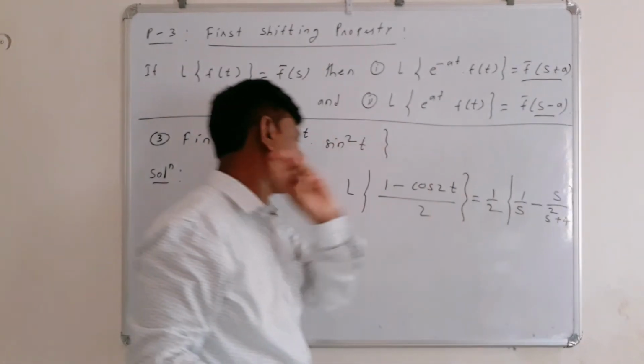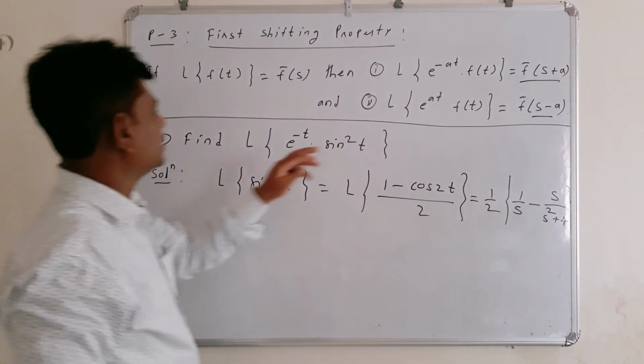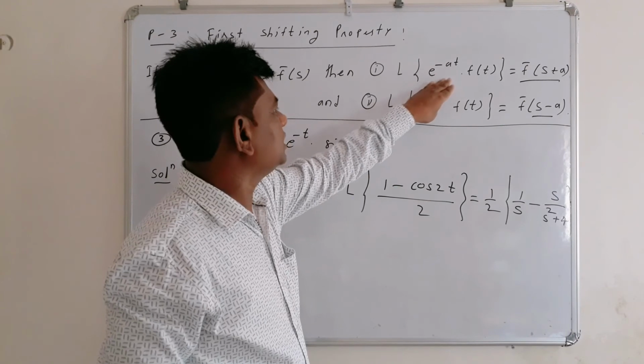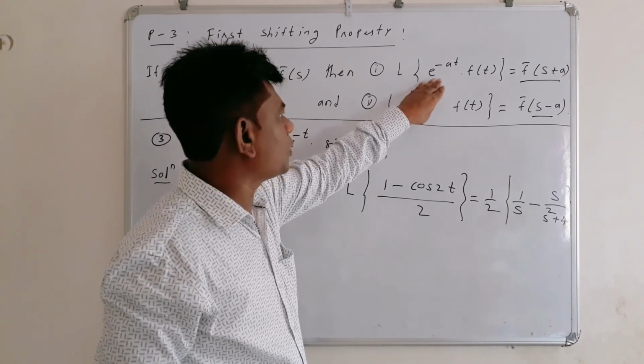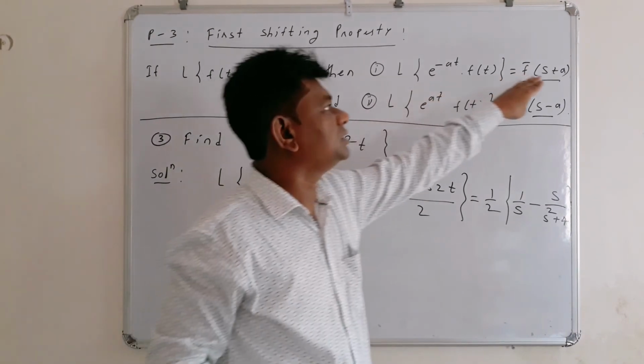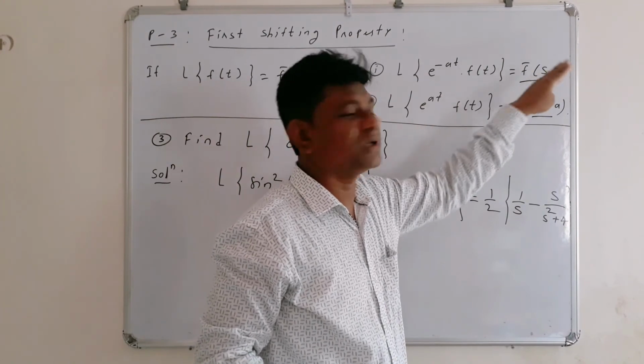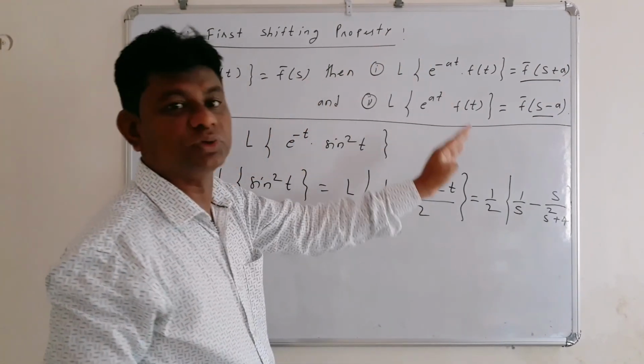So this is the f bar s, and therefore by using shifting property, Laplace transform of e to the power minus at f of t is equal to f bar s plus a, means s changes to s plus a in f bar s.